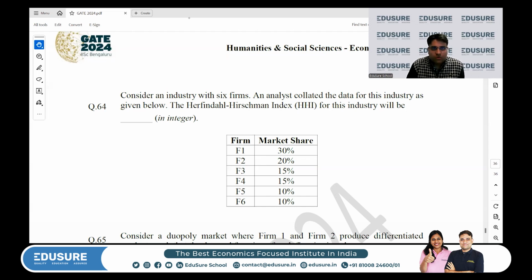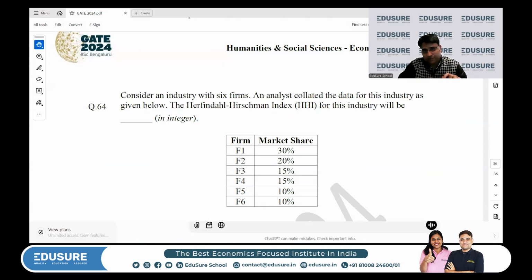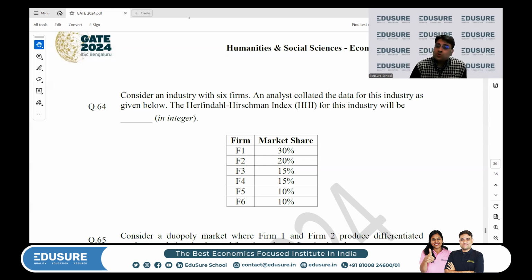Before we go into solving this particular problem, let me first explain what exactly this HHI index is. The HHI index is a concept used in the field of industrial organization. It basically lets us analyze the market structures and the competition in a particular market. The HHI measures the level of market concentration.